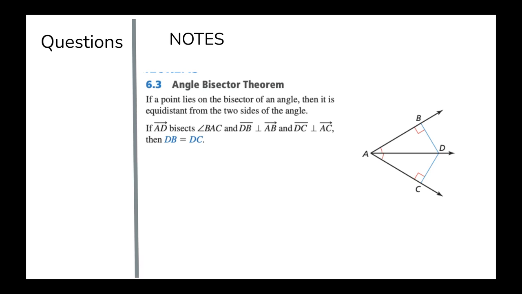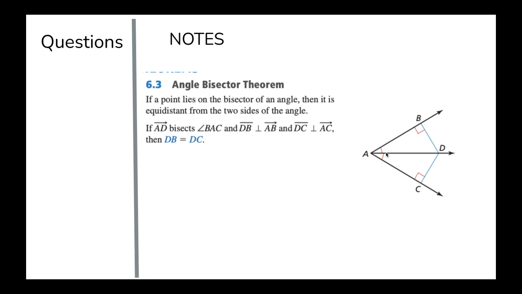In this case, if we have an angle, for example, angle BAC, and then you have an angle bisector, which is AD, it's going to be the same distance from the side of the angle, which is, in this case, AB, as it would be to the other side of the angle from A to C.